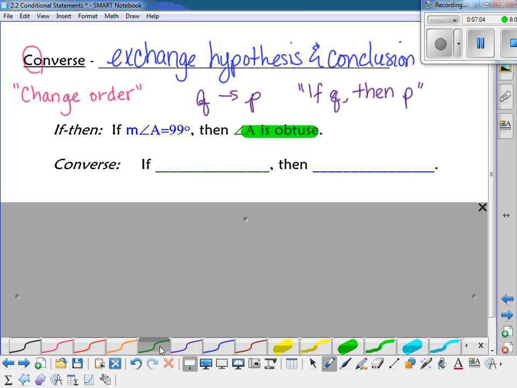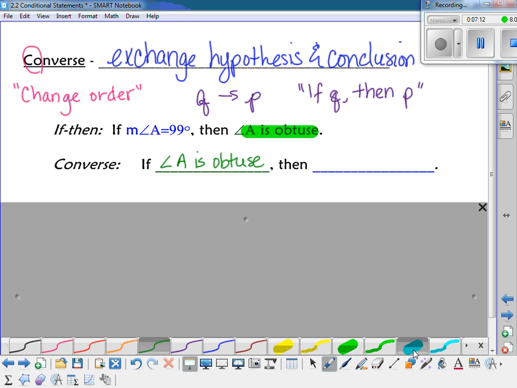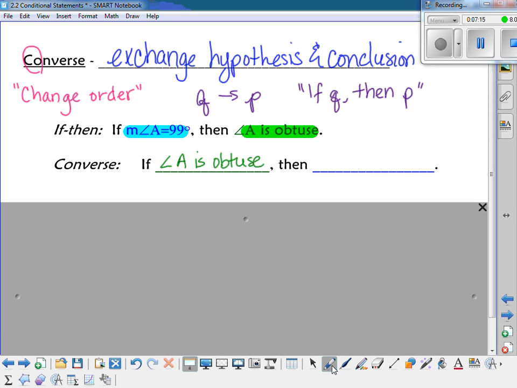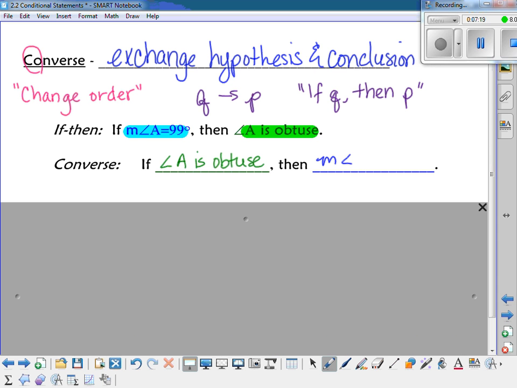So if angle A is obtuse, then the measure of angle A equals 99. So all we did was we changed the order. We put the hypothesis where the conclusion was, and we put the conclusion where the hypothesis was.